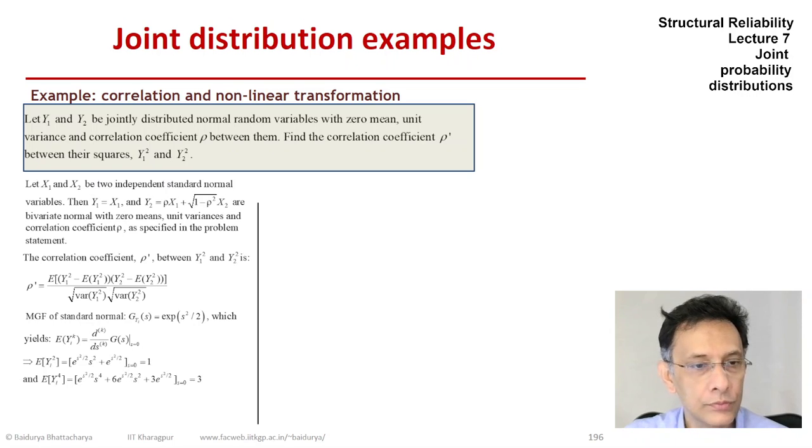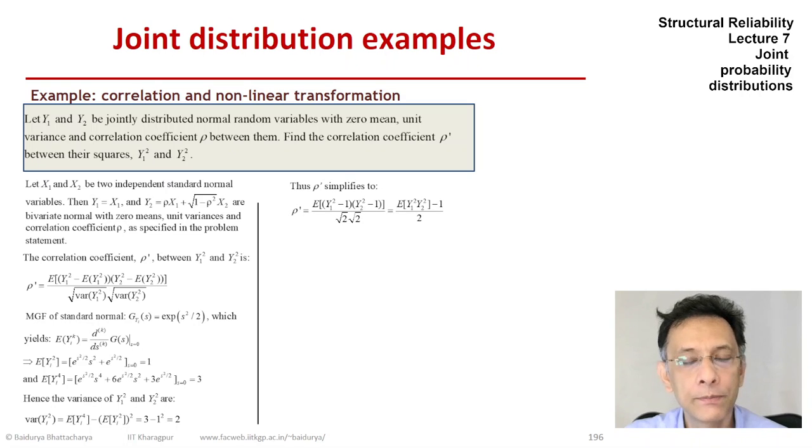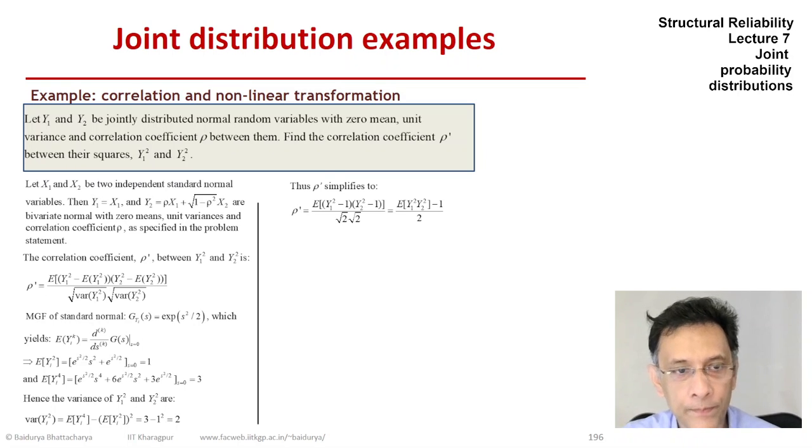This would let us write the variance of y1 squared and y2 squared, each of them, which turns out to be 2. So of all the quantities that we needed in rho prime, we have derived most of them, except the one that remains, which is expectation of y1 squared times y2 squared.